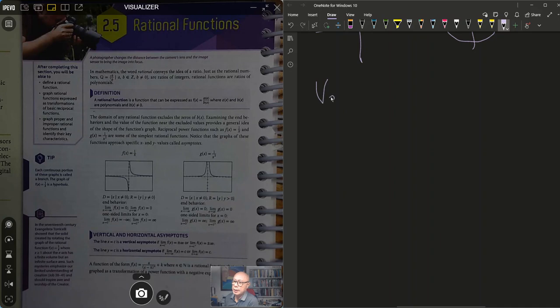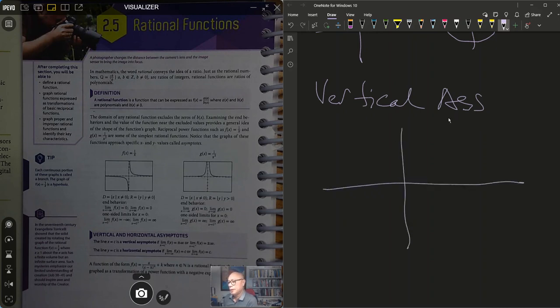Vertical asymptote. So for example, this is c. This is the x-axis, this is the y or f(x). This line is named x equals c. So x equals c is an asymptote.